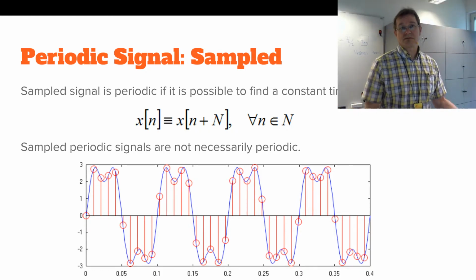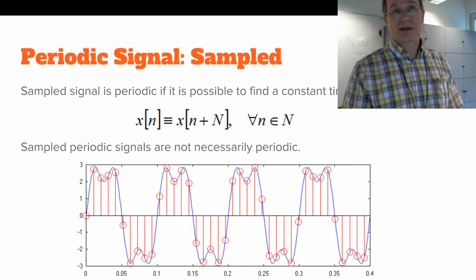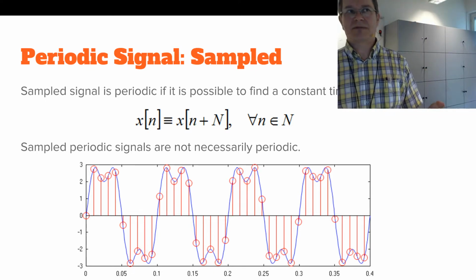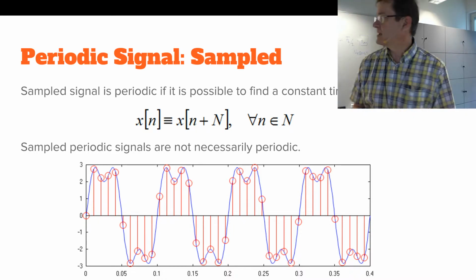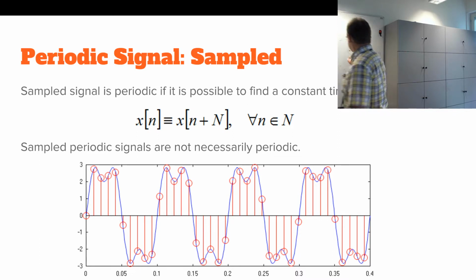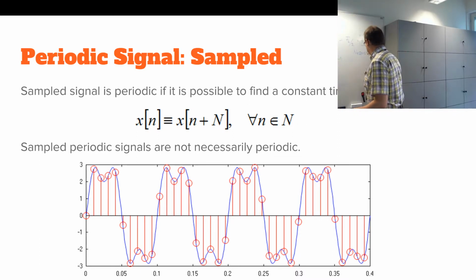But of course, sampled periodic signals look like a sampled periodic signal, but you can also see something else there. For example, what happens if you take a look at the spectrum of the signal in continuous time?